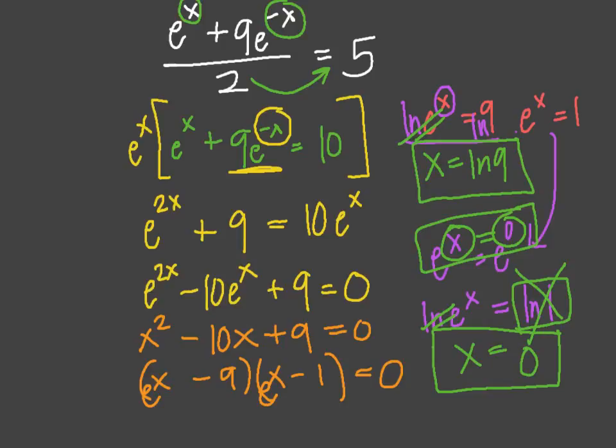If you want to do common log, you can. If you want to do log base one of the bases of the exponents, that can make it simplify a little bit better. It's just a matter of preference. Either way, your final answer, your decimal approximation, should make a true statement when you plug it into the original problem. So just keep that in mind.